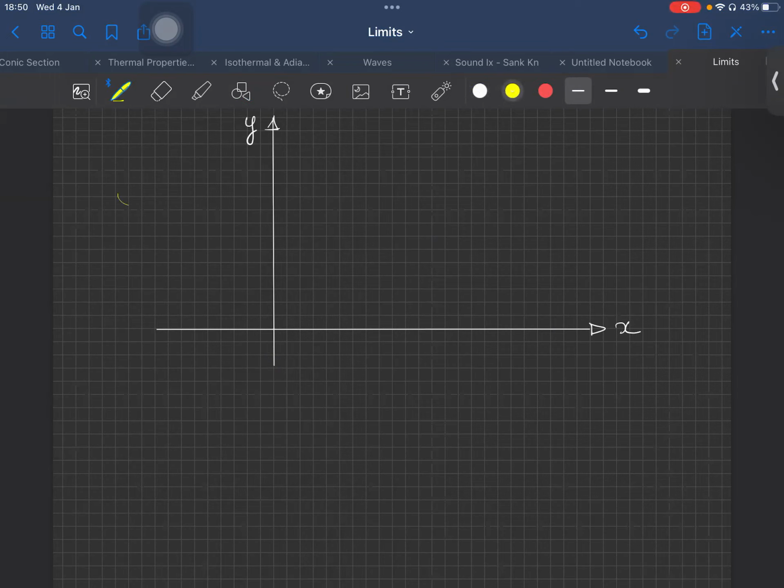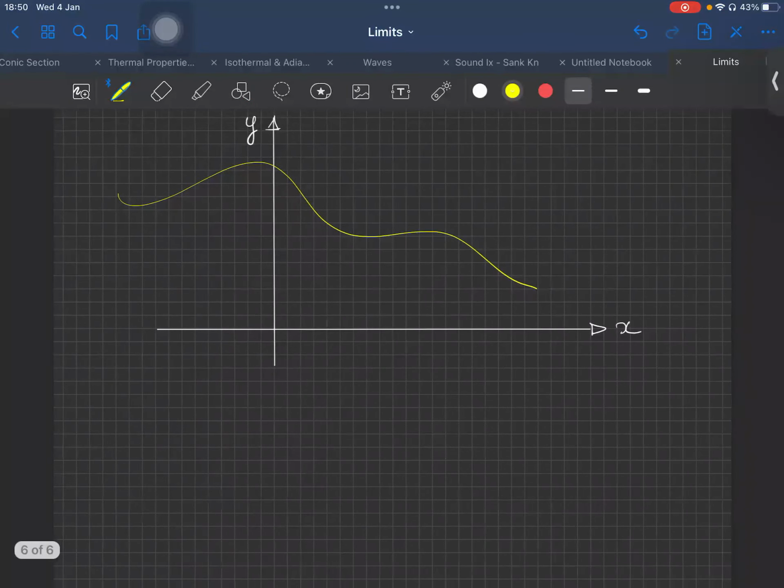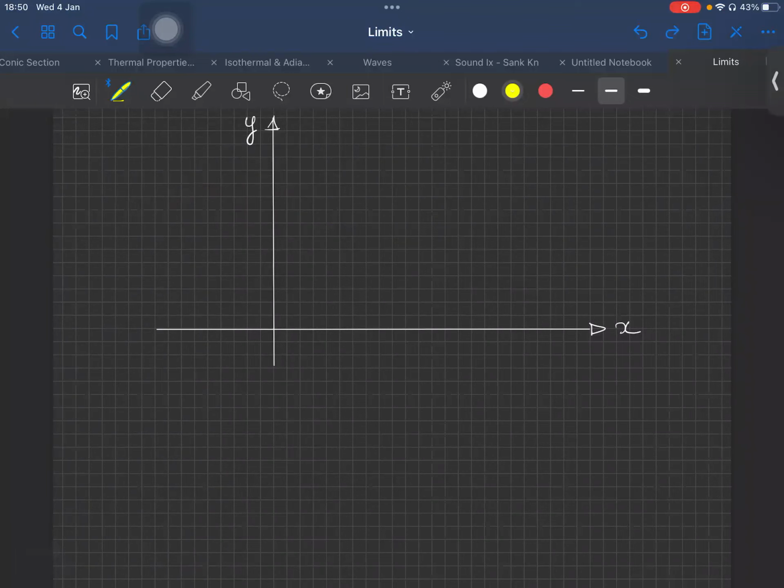So let's say there is some function, some random function, that we don't know about. This function is defined as y is equal to f of x.